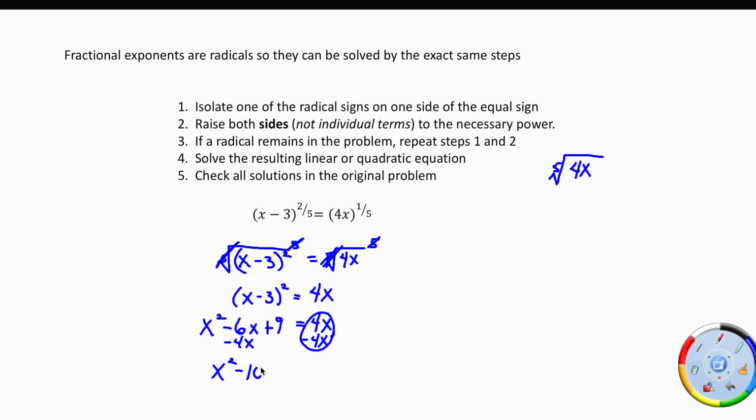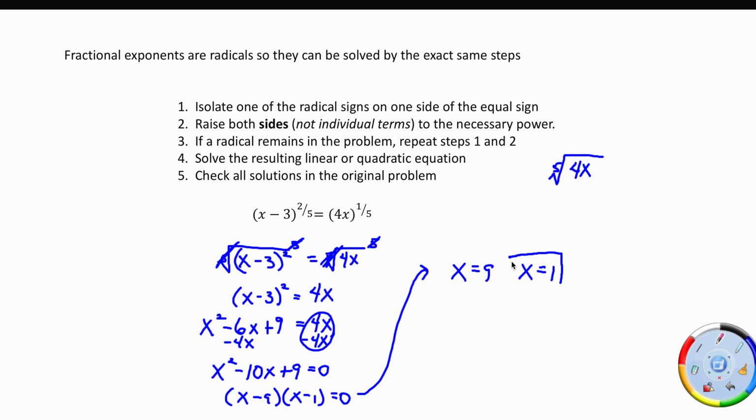X squared minus 10x plus 9 equals 0. Means x minus 9 times x minus 1 equals 0. So either x is 9 or x is 1, and because it's an odd index, an odd root, I don't have to check my answer.